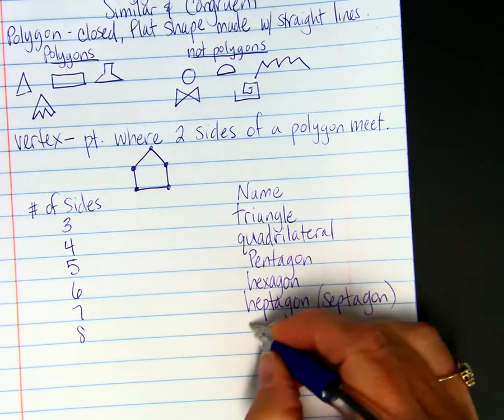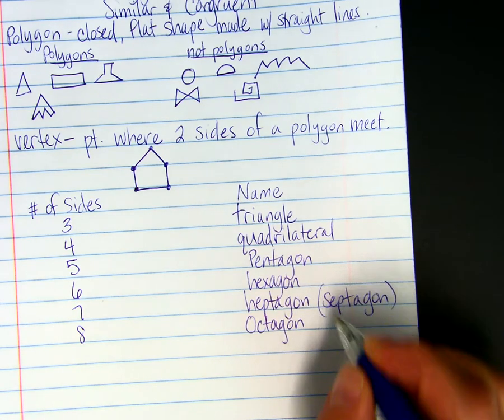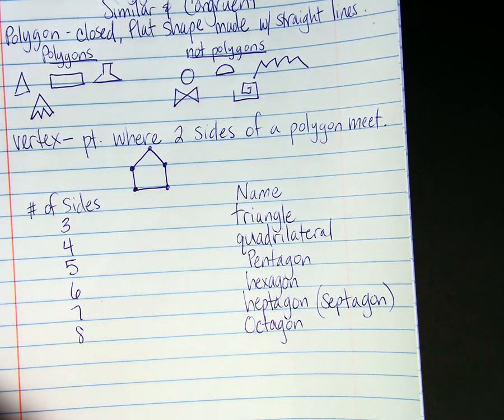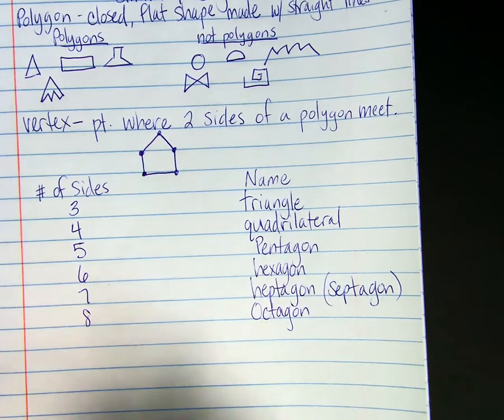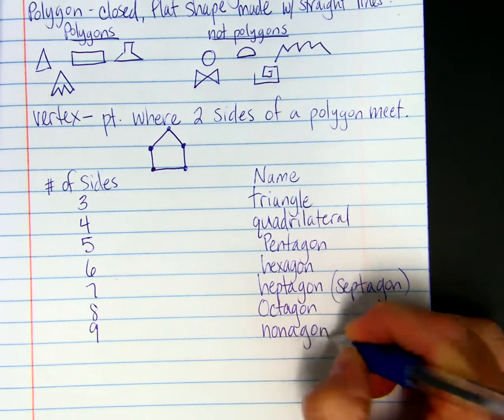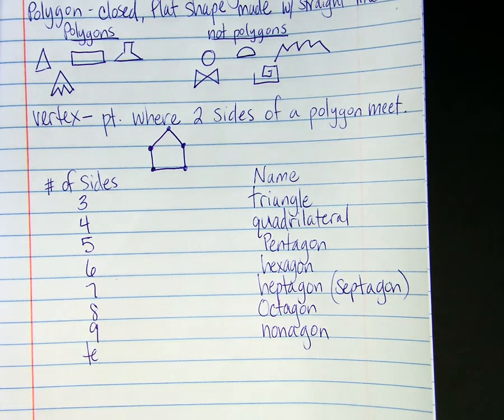8 is an octagon. I remember as a kid always remembering an octopus had 8 legs and the side is an octagon. Anyway, that was my way of remembering. 9 is a nonagon. 10 sides. Whoa, why am I writing the number? The word 10.